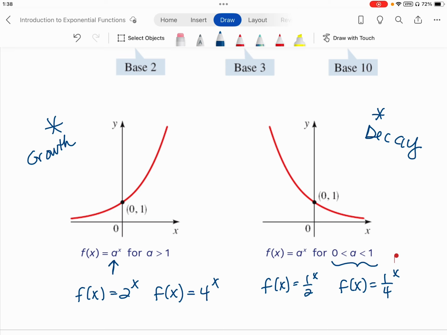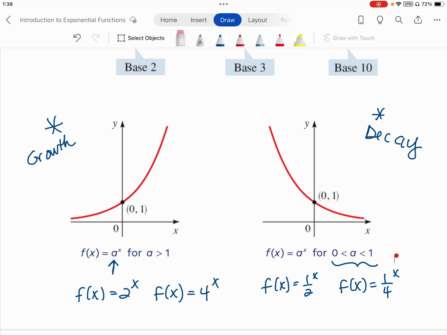Remember, your a cannot equal 0, but as long as it's something in between 0 and 1, then it would meet this condition. As we're moving towards the right, our output values are decreasing. On the graph, as I move towards the right, my output values are getting smaller, smaller, smaller.